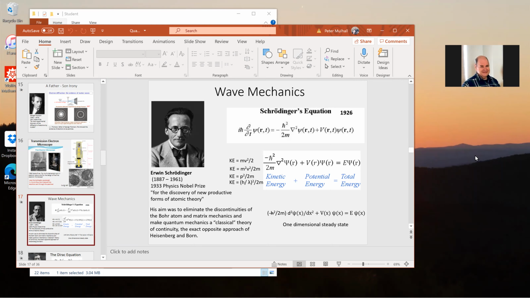But what de Broglie was trying to get at was, how do I explain the sizes of the Bohr orbits? And the way he explains it is by saying the electrons have wavelengths, and a whole number of wavelengths will have to fit into any one of these orbits. That was his fundamental idea.